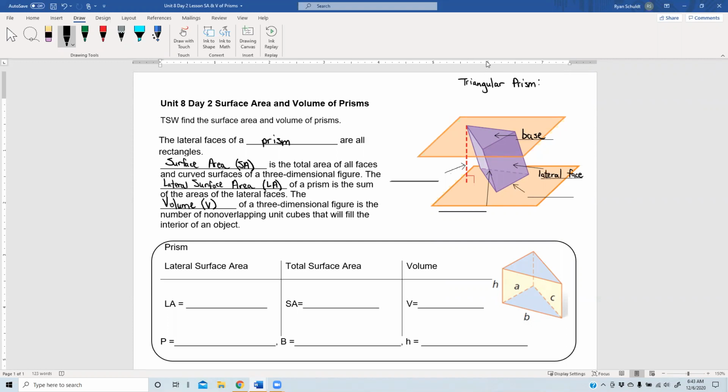It's because the base is a triangle. I go by whatever shape the base is. This is a triangle, so it's a triangular prism. The vertical height that goes from the top straight down at a right angle, that's just called our normal height.